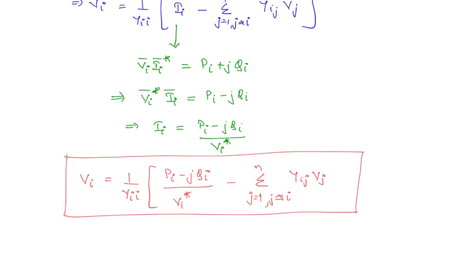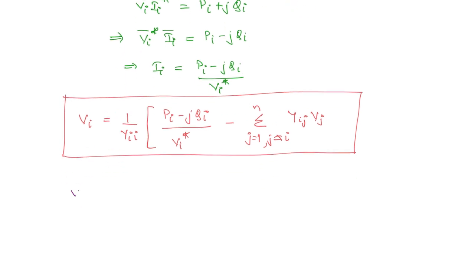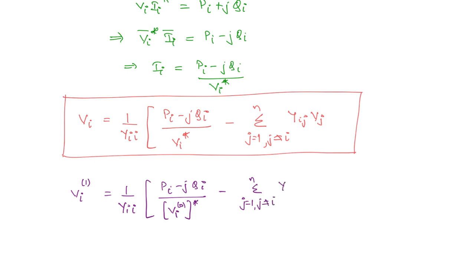Okay, in order to understand more clearly, you can write it in this manner. The first iteration we will write as a superscript 1. So this will be equal to 1 by Y_ii times (P_i minus jQ_i over V_i 0th value, that means the initially assumed values, conjugate, minus sigma j equal to 1 to n, j not equal to i, Y_ij, similarly here also V_j of the 0th iteration, that means the assumed value).